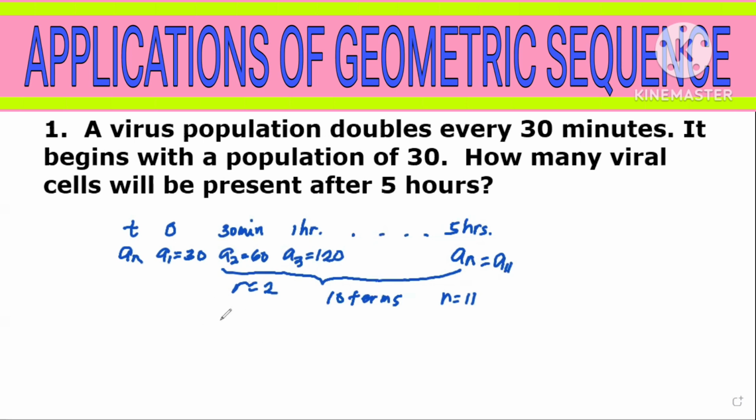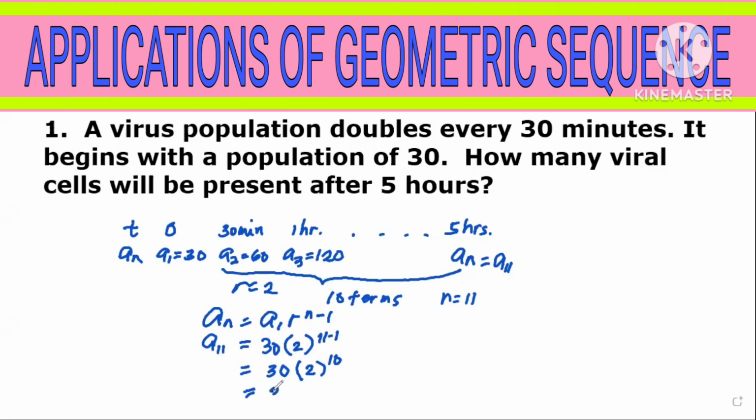So, since again, this is a geometric sequence, we use the formula a sub n is equal to a sub 1 r to the n minus 1. A sub 11 is equal to a sub 1, which is equal to 30, times r, which is 2, raised to n minus 1 or 11 minus 1. So this is equal to 30 times 2 raised to 10.